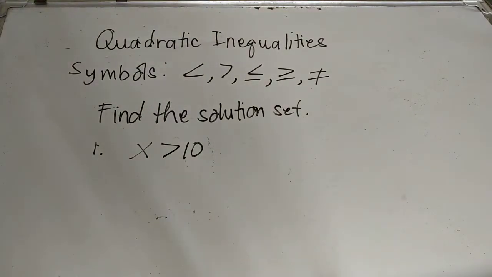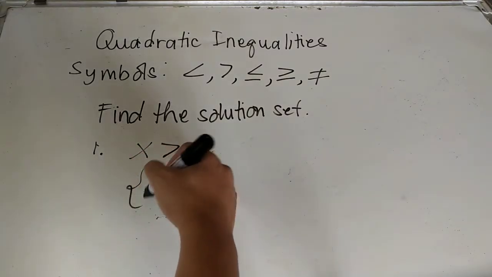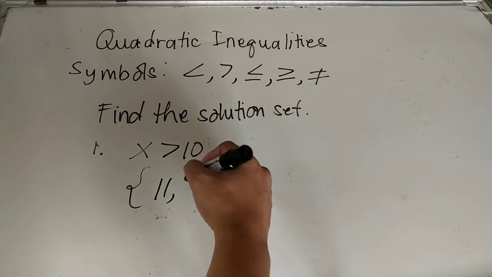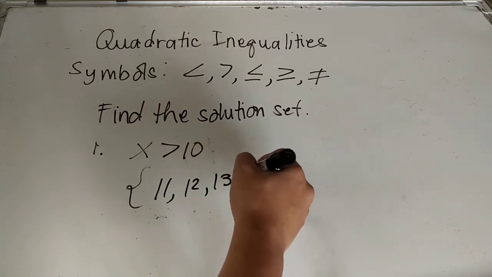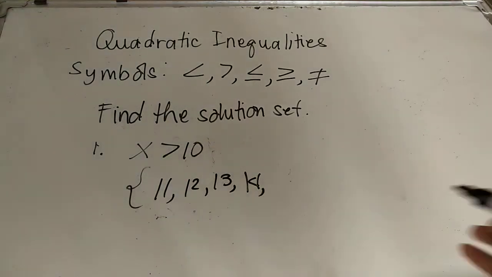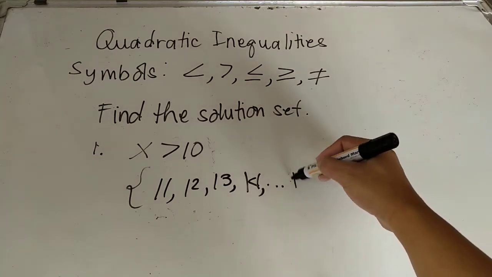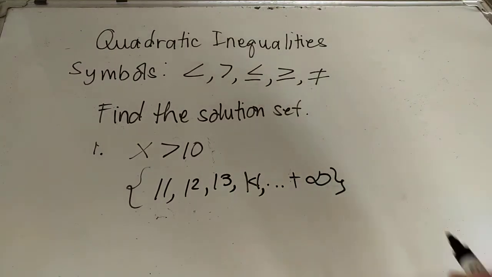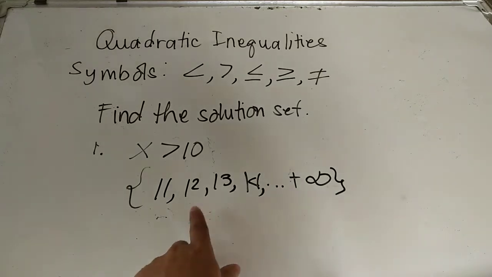Of course, if you say x greater than 10, ito yung mga numbers na mas mataas sa 10. So you have 11, 12, 13, 14, and so on and so forth, and to the positive infinity. So ulitin natin, if you say x greater than 10, yun yung mga numbers na mas malaki pa sa 10. So you start from 11, 12, 13, 14 up to positive infinity.